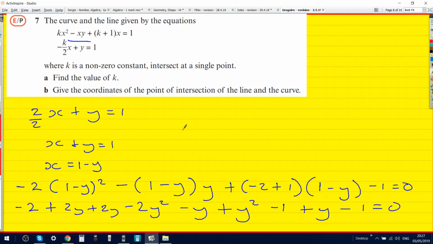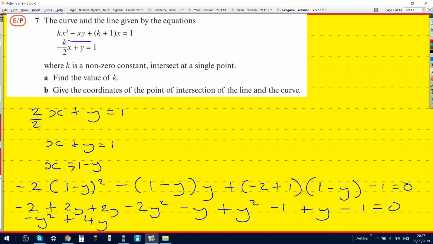So you get minus y squared, then 4y, so plus 4y, minus 3 equals 0. Close.